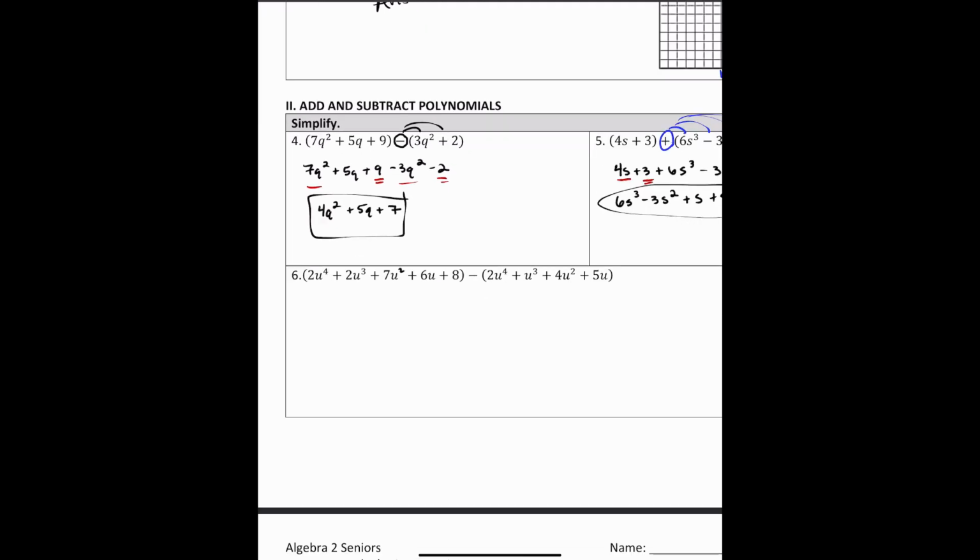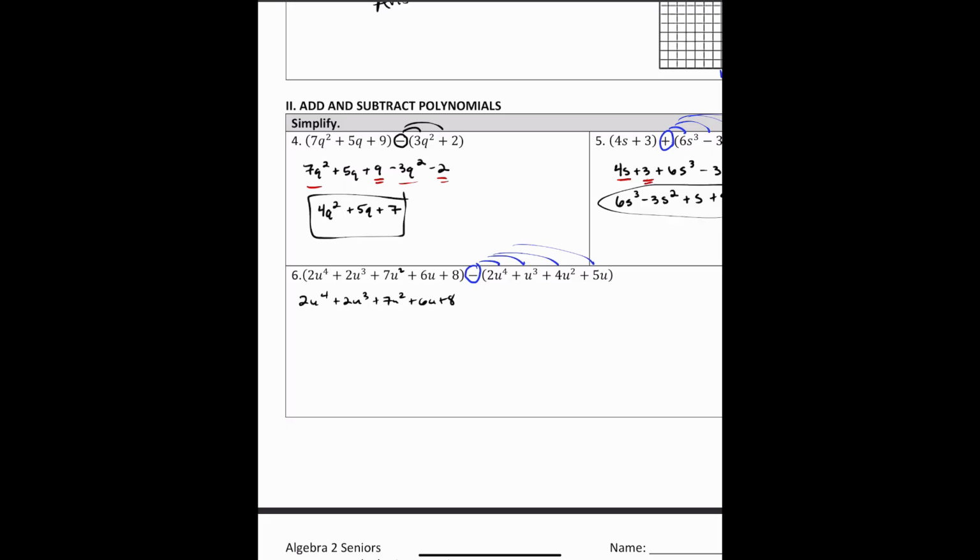Okay, so for number 6, we have a very long problem. Now remember, we have a negative, so we need to distribute the negative to each term. So I should basically copy the first expression here. And then this negative is going to basically change the sign.